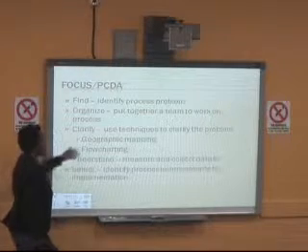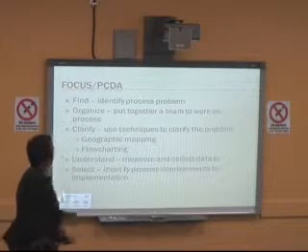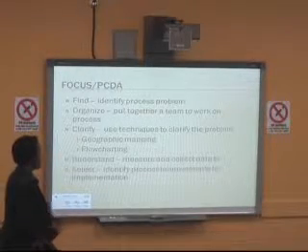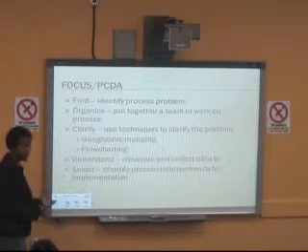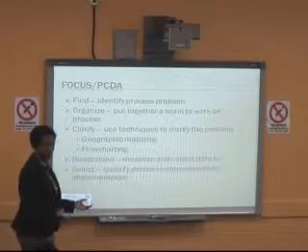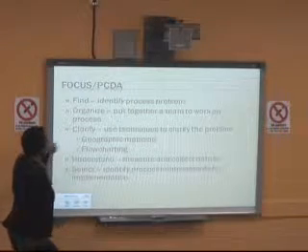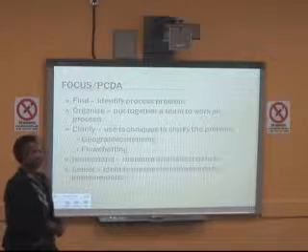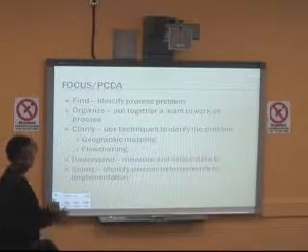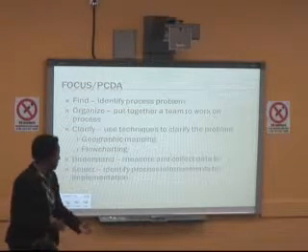So next step would be organize. You gotta figure out a way to attack this problem. So we're gonna put together a team to work on this issue. Probably a team from where? Surgery department, right? So then the next step will be to clarify. We're gonna figure out what tools or resources we need to try to really identify and get into the nitty-gritty of what the problem is.